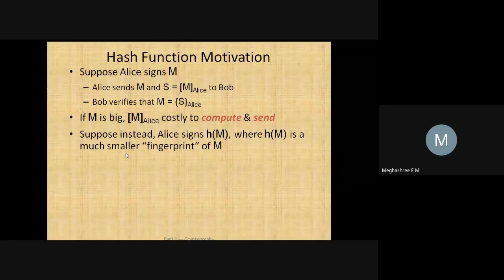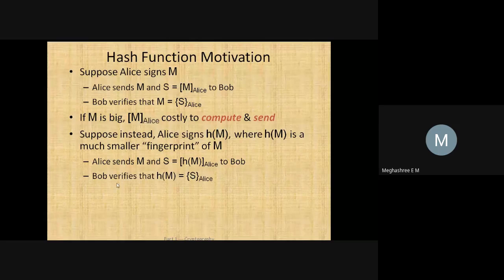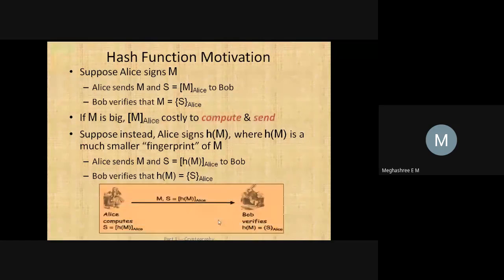After performing the hash function on the message, she sends s equal to h of m of Alice to Bob. Then Bob verifies it by performing hash on this, and he retrieves the message sent by Alice. That is depicted in this diagram.